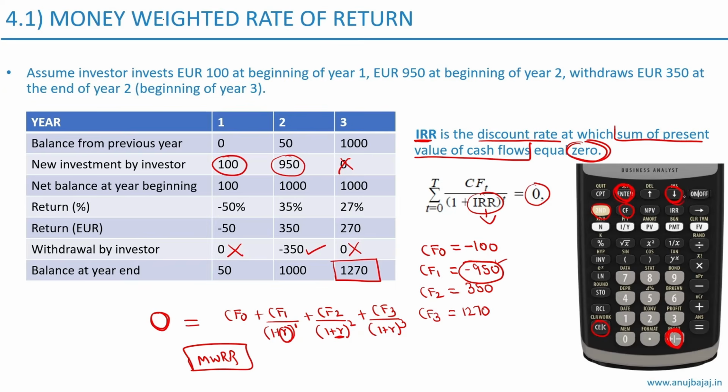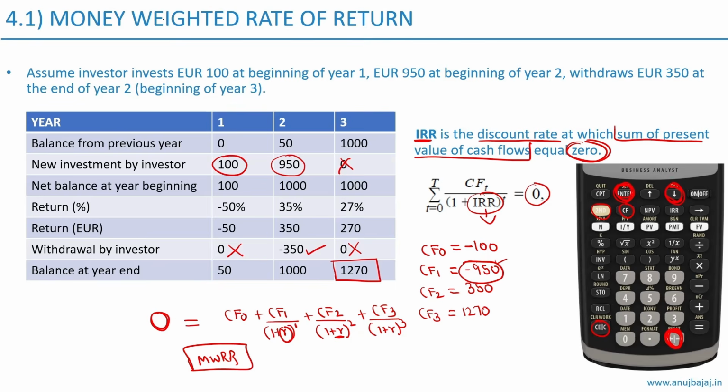Press the down key again, you will see C02. Press 350 and then press enter. Then again you press the down key, you will see F02, which is the frequency of the second cash flow. This cash flow again has occurred only once and the default frequency is also 1. You do not need to make any changes.